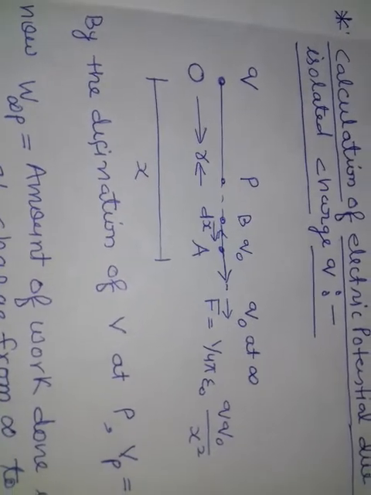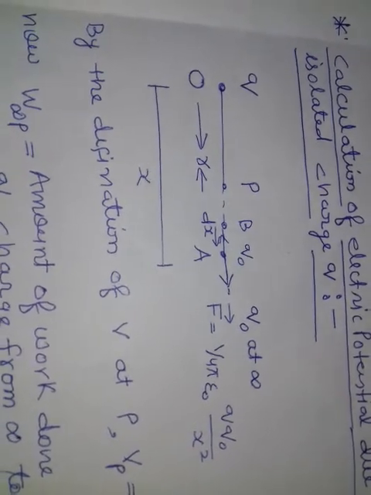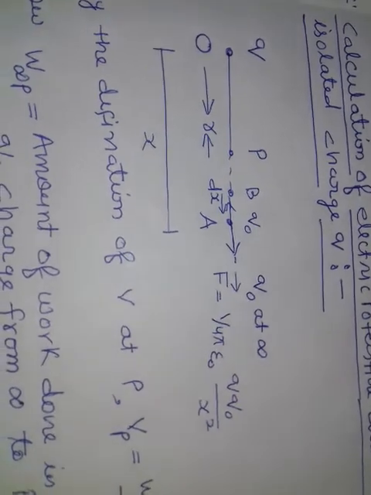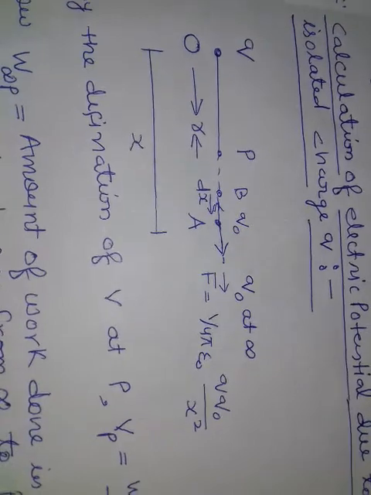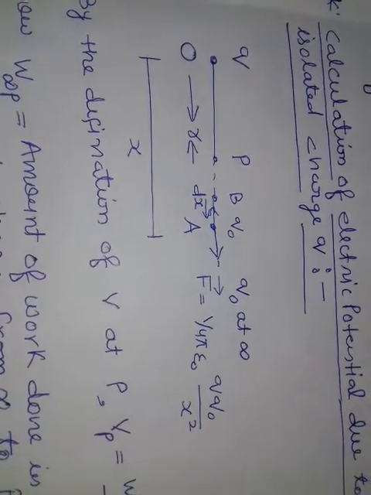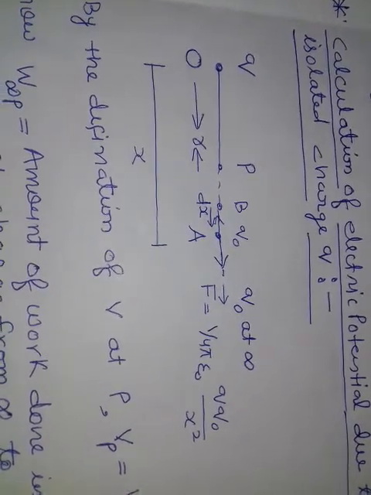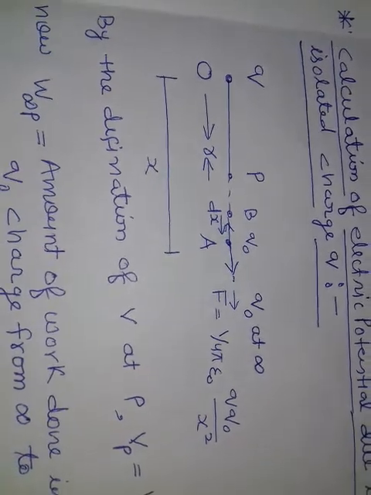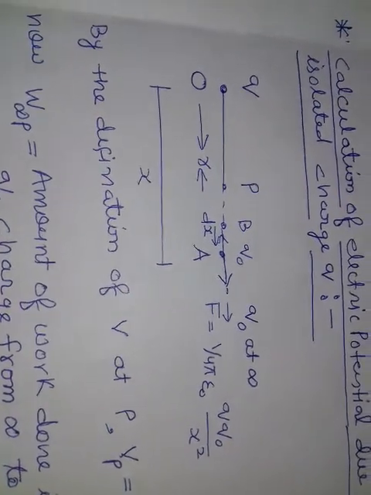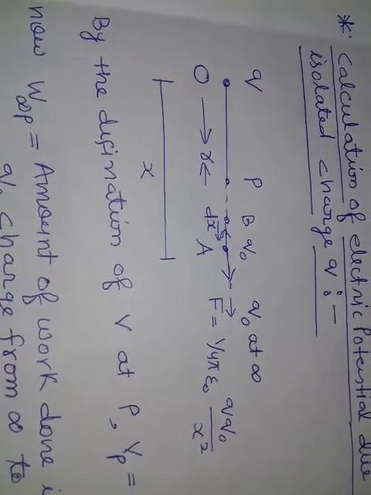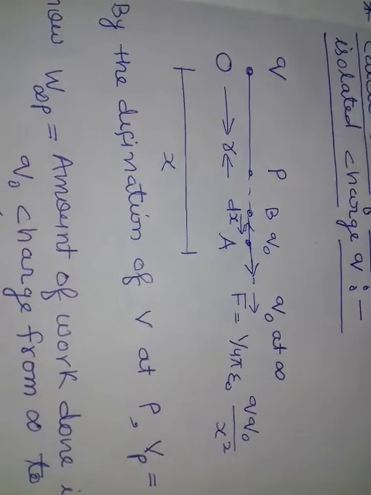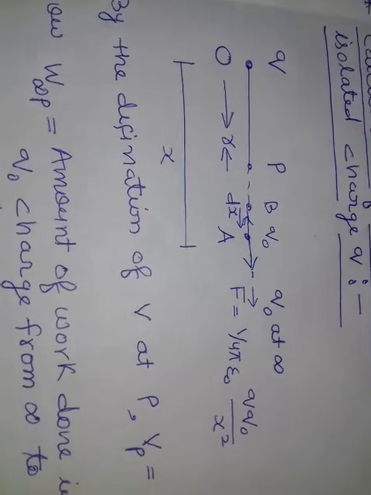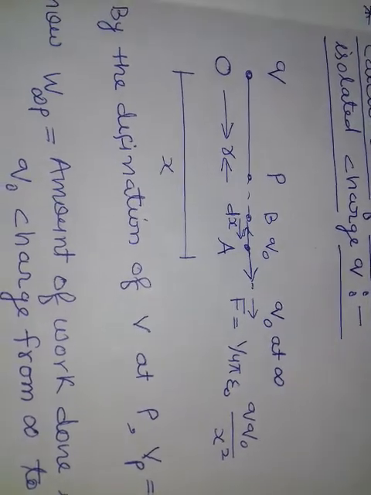Q naught will feel force of repulsion due to Q, which is 1 upon 4 pi epsilon naught Q naught upon x square. Suppose you take Q naught from A to B at a very small displacement dx. You see here the force of repulsion and the displacement are opposite to each other.